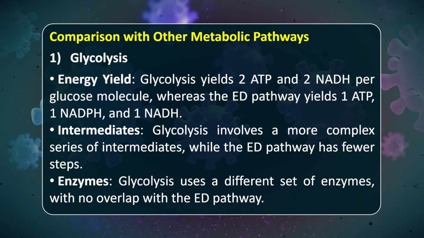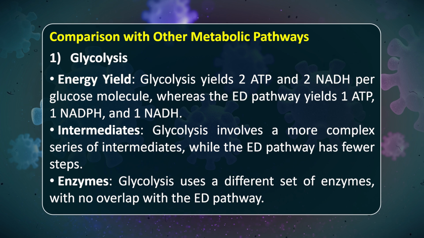Comparison with other metabolic pathways. So, now let us discuss how this differs from the other metabolic pathways. First, coming to glycolysis. First is the energy yield. In glycolysis, 2 ATP and 2 NADH per glucose molecule are formed, whereas in the ED pathway only 1 ATP, 1 NADPH and 1 NADH molecule is formed.